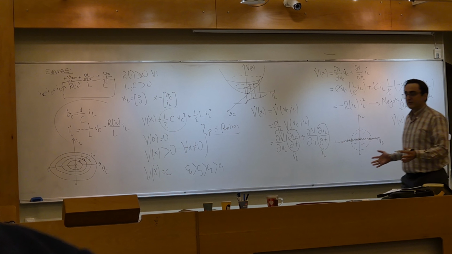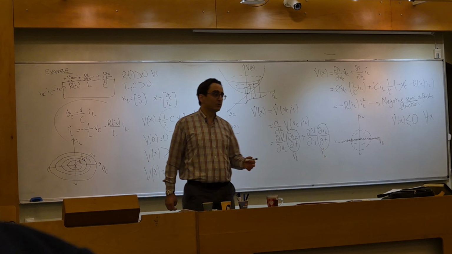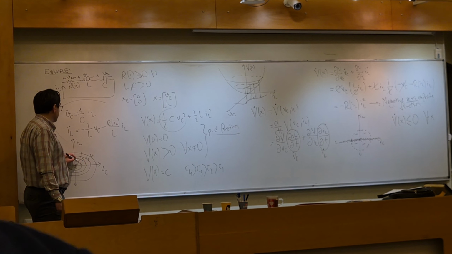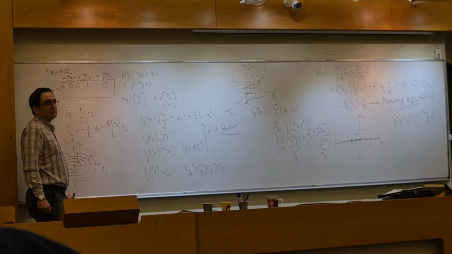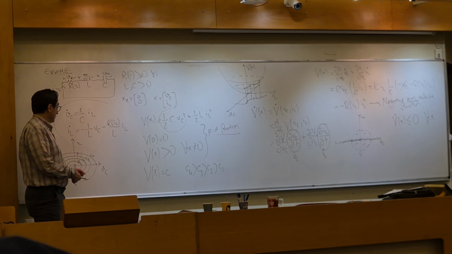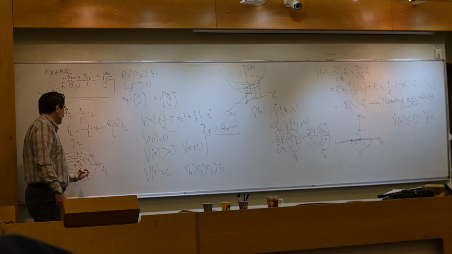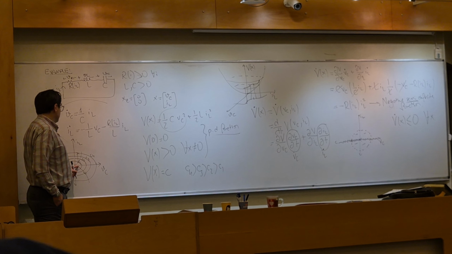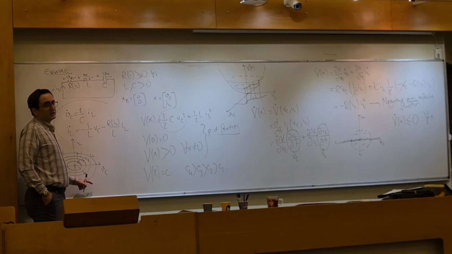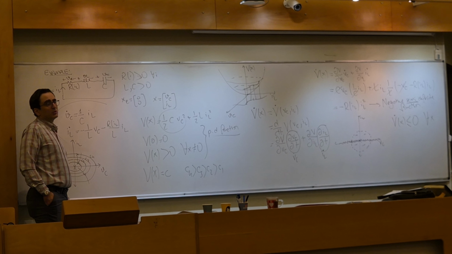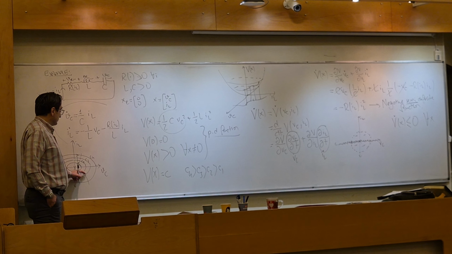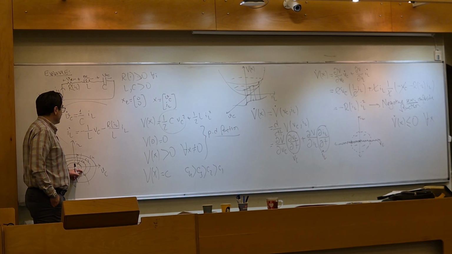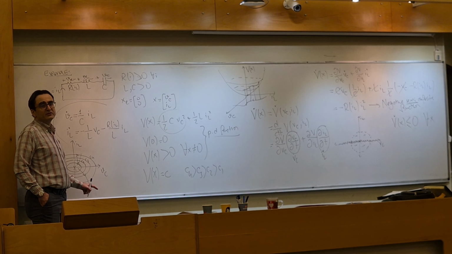So what does this type of fact tell us in terms of the trajectories of the system? Do you think that around the equilibrium point, the trajectories of the system can get away from the equilibrium point? Do you think a trajectory of the system can look like this? In this case, it really cannot. Because if there was a trajectory looking like this, then V dot should actually be positive in that case, because on this trajectory, V is clearly increasing, since we are crossing the level curves with increasing C values.